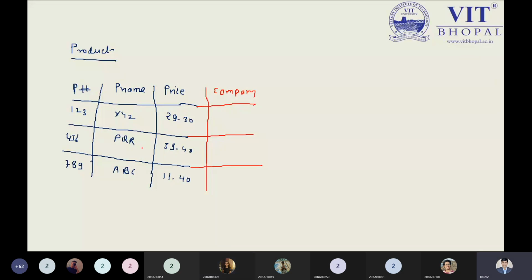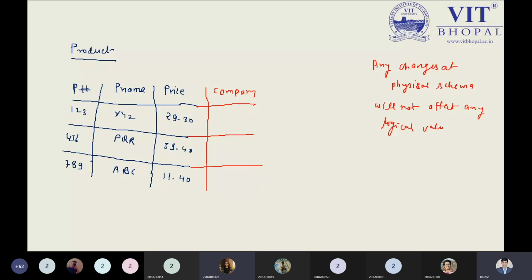So I can write here: any changes at the physical schema will not affect any logical value.